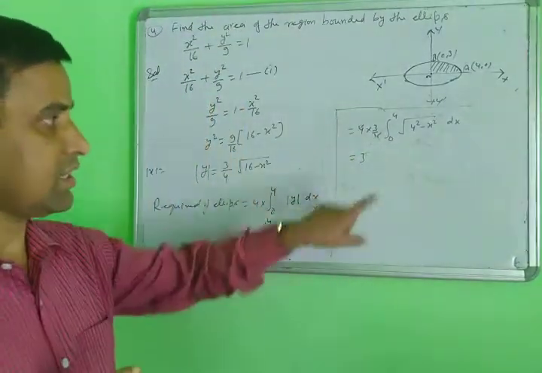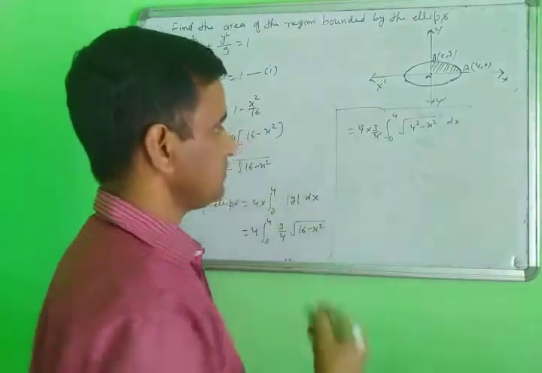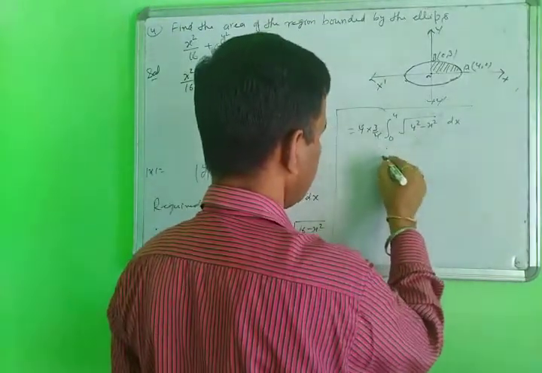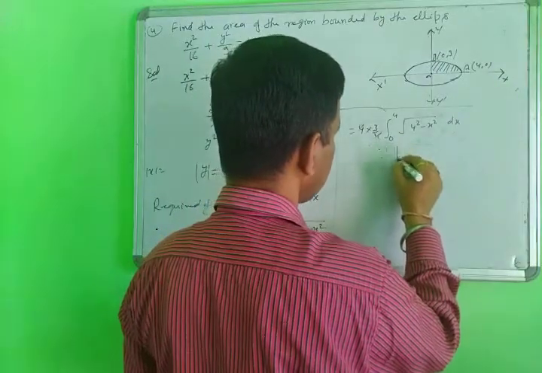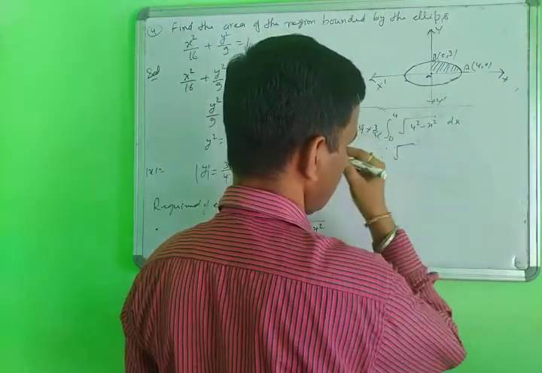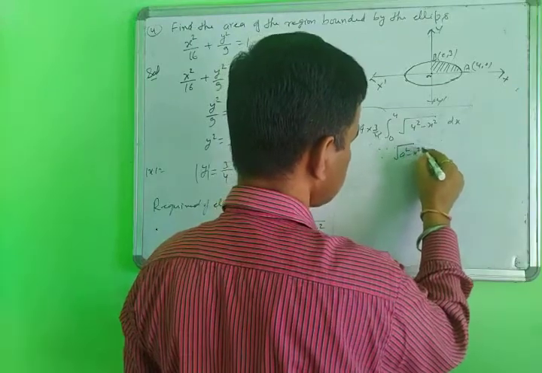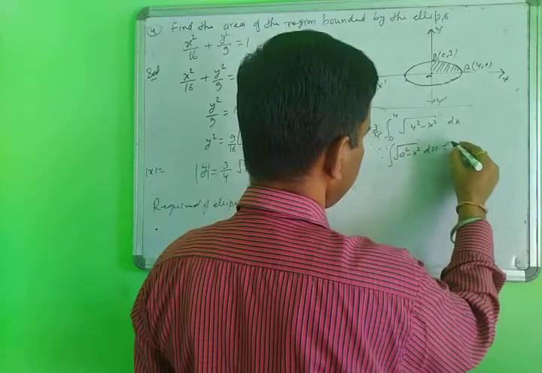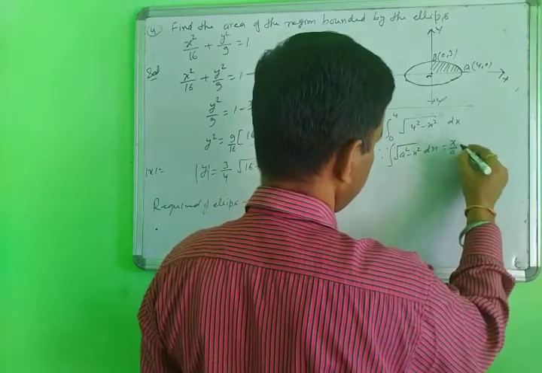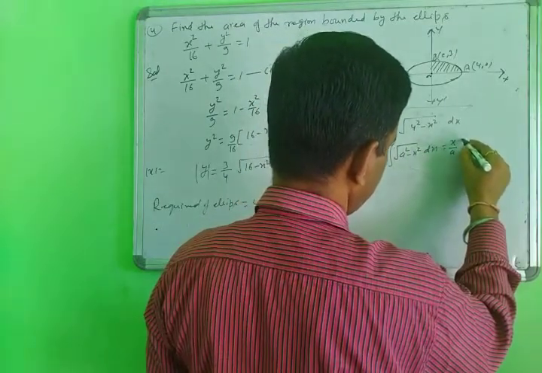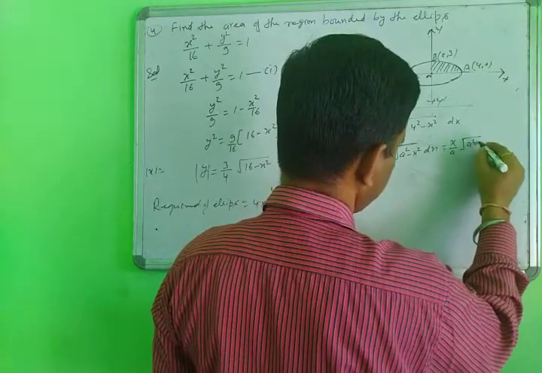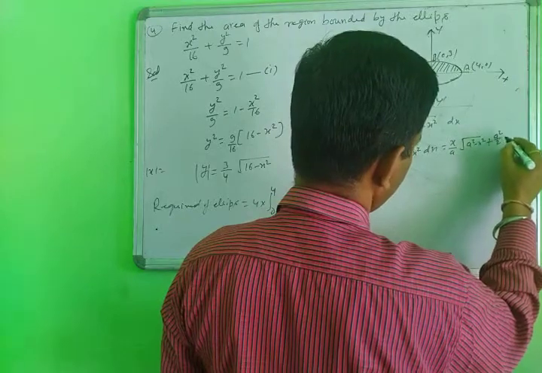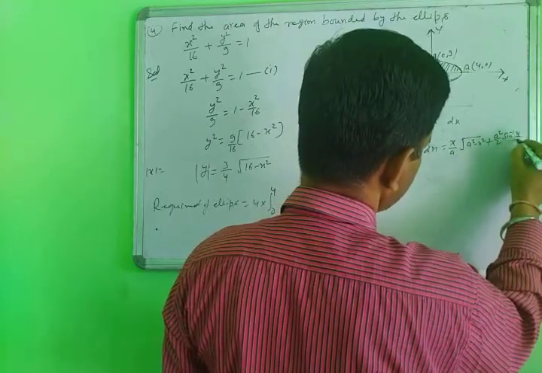And you are using an identity here. What identity are you using? The integration of the square root of a square minus x square dx is x upon 2a times the square root of a square minus x square, plus a square upon 2 times sin inverse of x upon a.